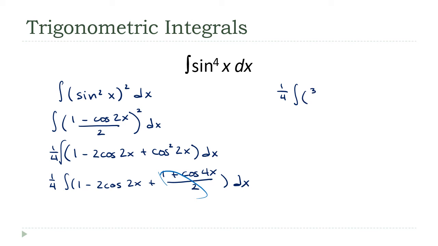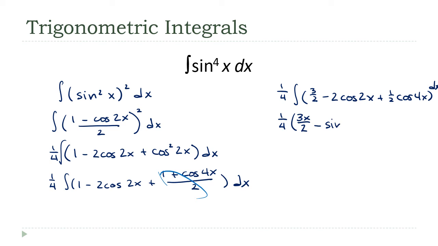So that'll become 3/2 minus 2 cosine 2x plus 1/2 cosine 4x dx, just barely squeaking in there. Okay, now I can do the integral parts. This is 1/4 3x over 2. Yeah, I know that's a weird thing to show up with a trig thing, but there it is.